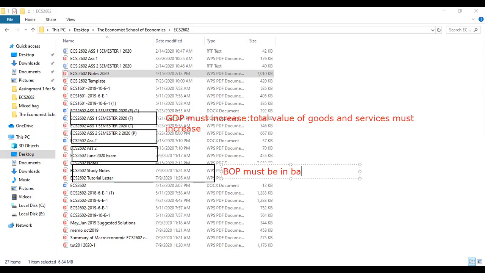By being in balance, we simply mean that the value of the goods that we export must be equal to the value of the goods we also import. So exports must be equal to imports. That is a balanced balance of payment.